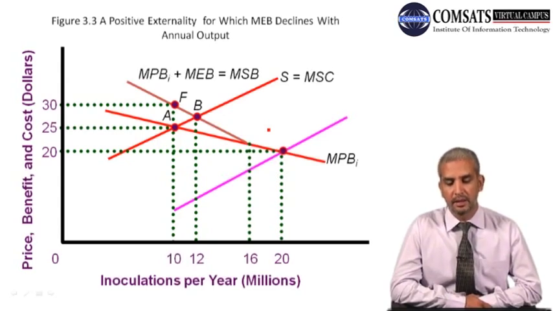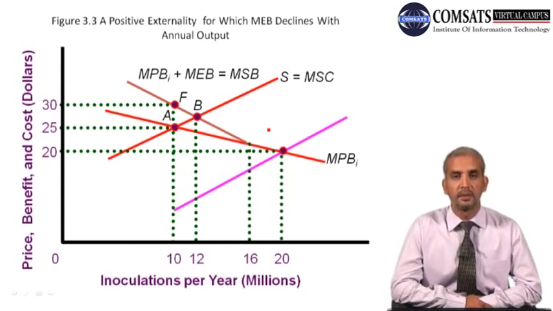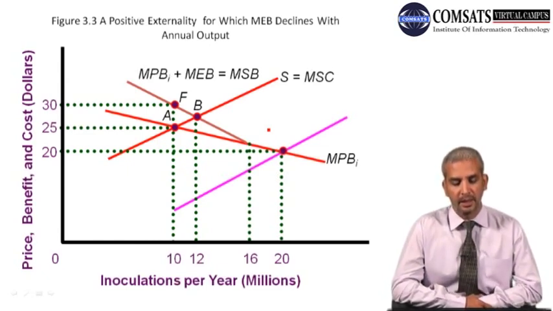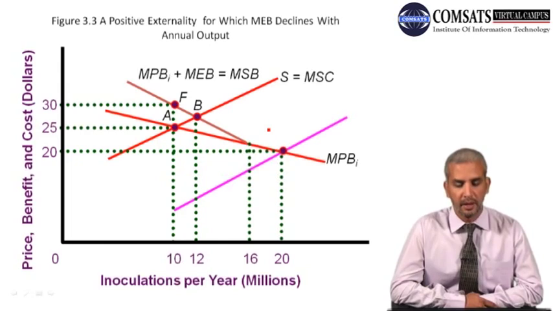And there is the marginal social cost curve represented by S, intersecting the marginal private benefit curve at point A. Now at point A, the price is $25, just like the previous example.